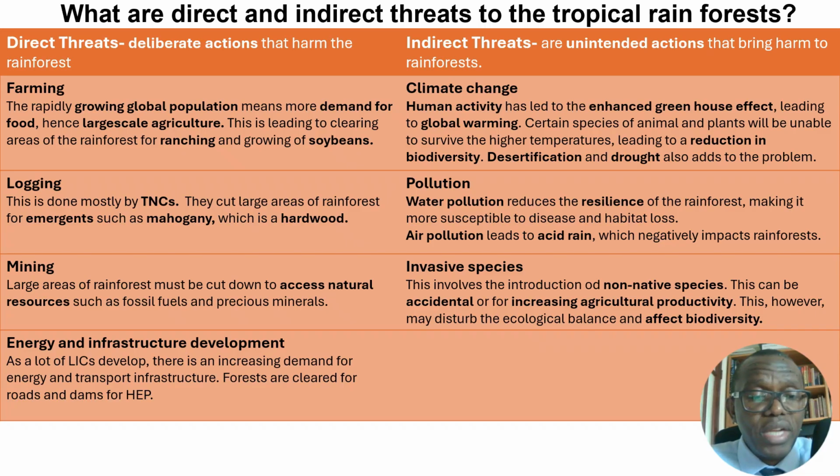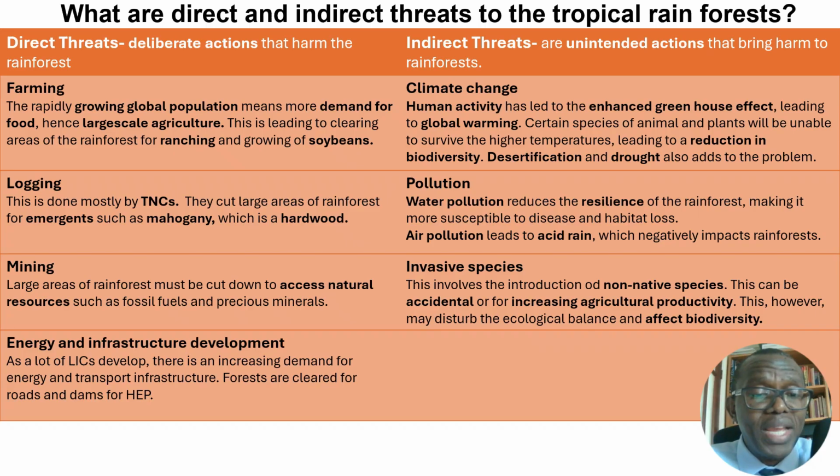Then the second direct threat here is logging. So this is the cutting down of trees for commercial purposes. And when we are talking about commercial purposes, it means that it's being done on a large scale. And it's mainly done by TNCs, or the transnational corporations. So these are really large companies that are profit driven, and therefore will cut huge tracts of the rainforest to be able to access that wood.